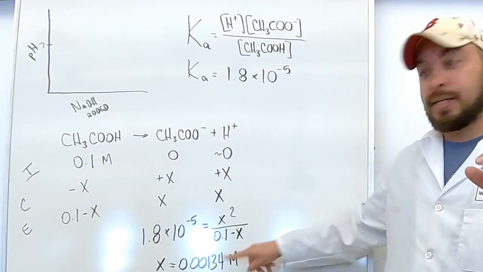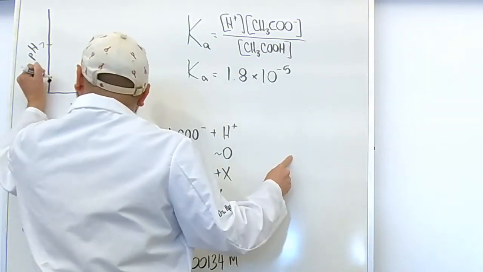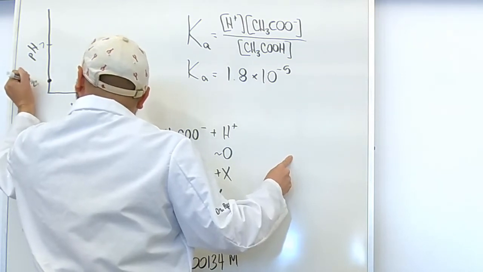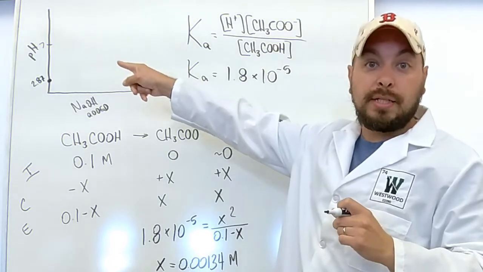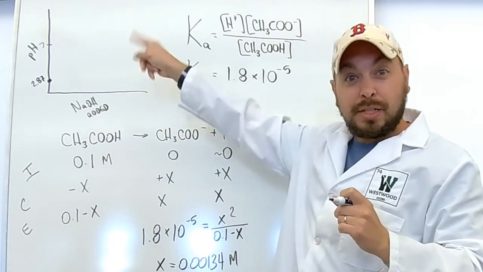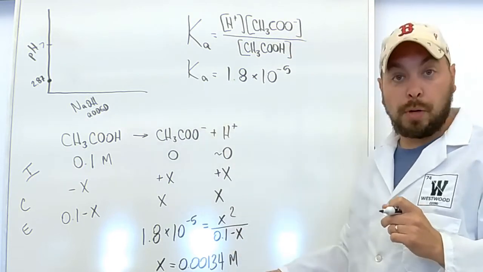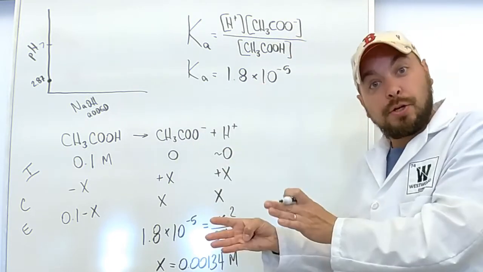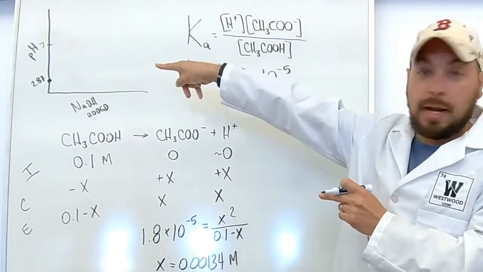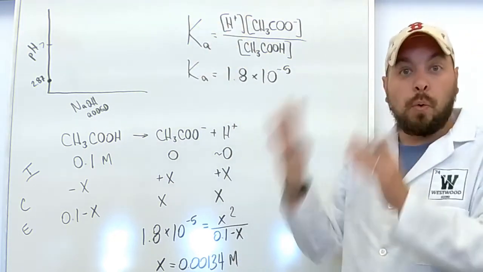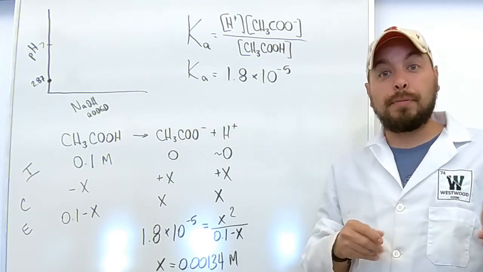Specifically, the pH of this at the beginning is 2.87. So my initial concentration of H plus, dealing with this like an x squared problem because we're before the titration has occurred, has led me to a concentration of H plus and a pH of our origin. Let's look at the second point now, halfway to the equivalence point.